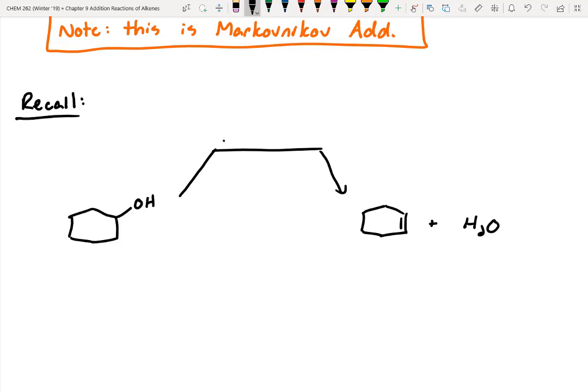And then what we used was catalytic strong acid. And we refluxed this, meaning we heated it under high temperature. So we did high heat. And we had little or no water, because we didn't want the reverse reaction to be favored, and we ran it under high heat to favor the elimination reaction.